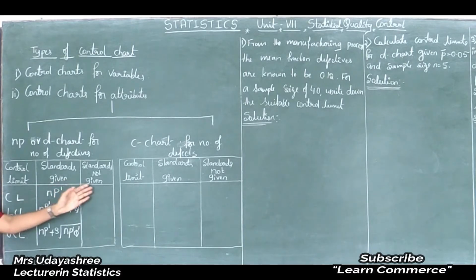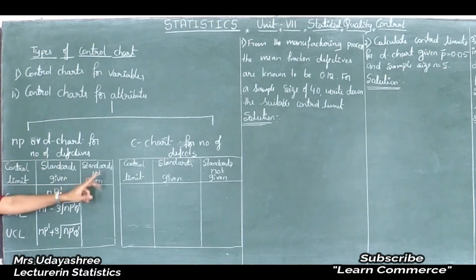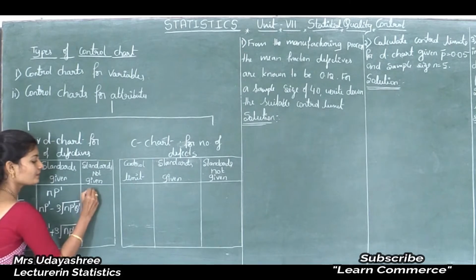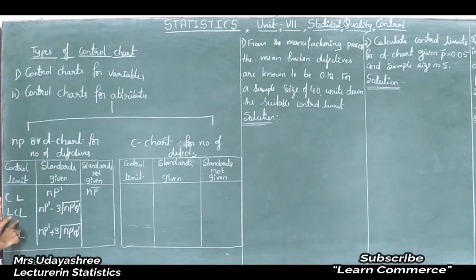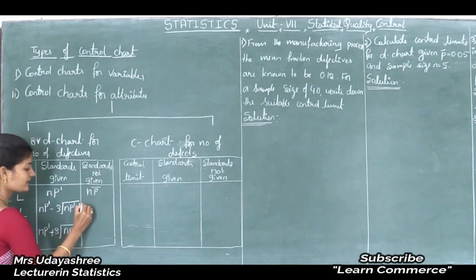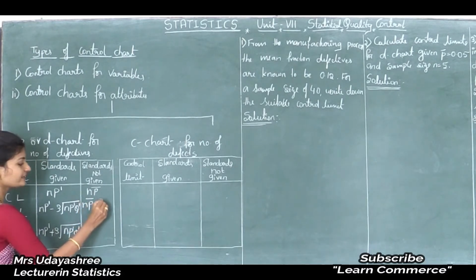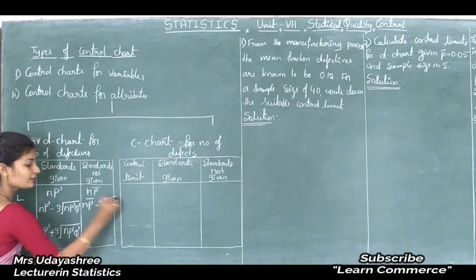Like that, to calculate NP or D chart in standards not given case, to calculate the central line, the formula is n into p bar. To calculate lower control limit in standards not given case, the formula is n p bar minus 3 into square root of n p bar q bar.